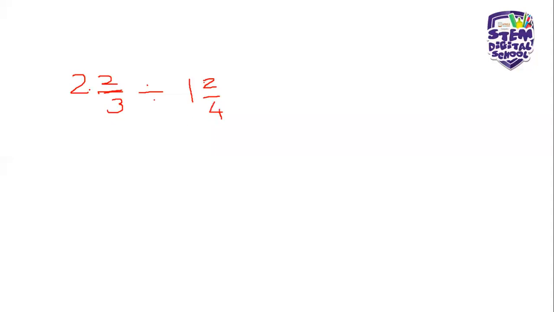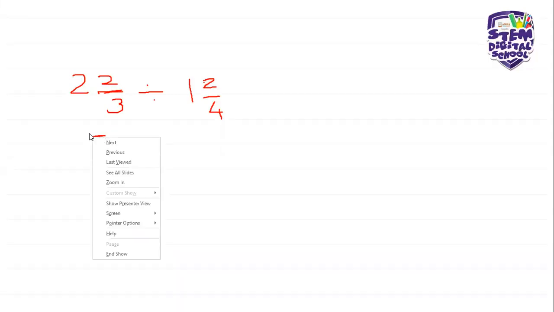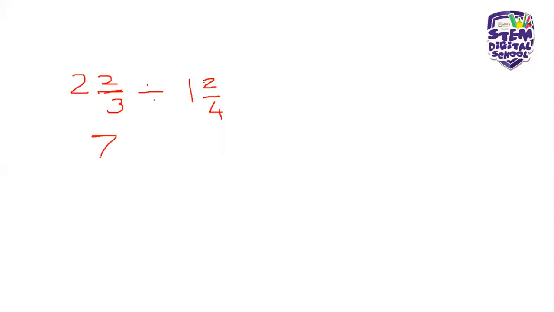Then I change these into improper fractions. 2 times 3 plus 2 is 7, 7 over 3. Multiplied by 1 times 4 plus 2 is 6 over 4.